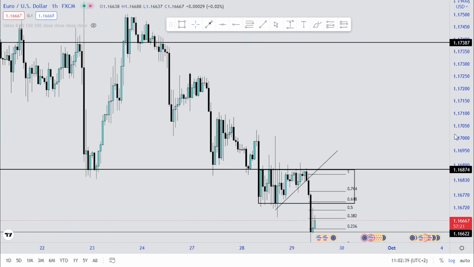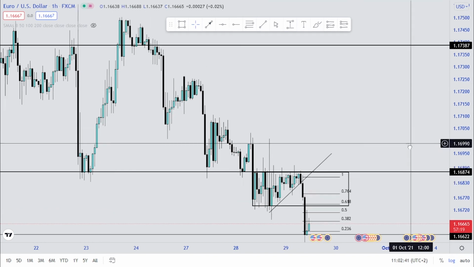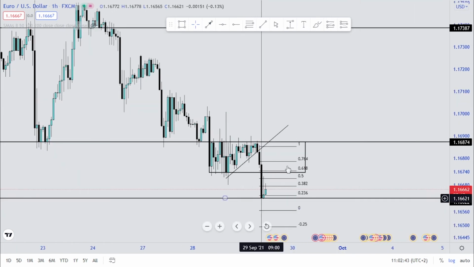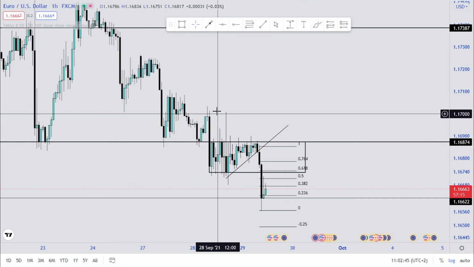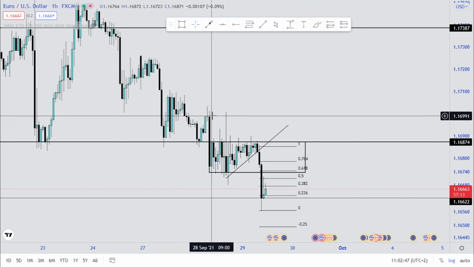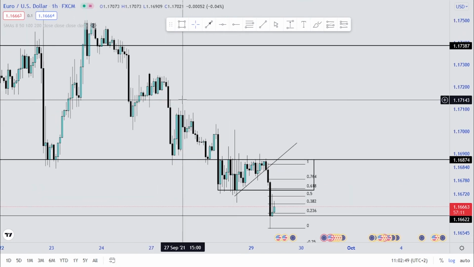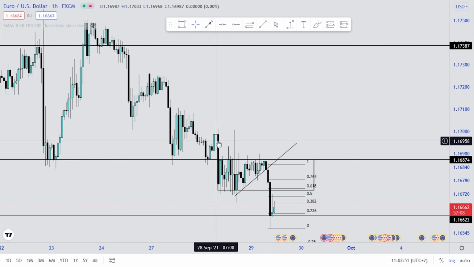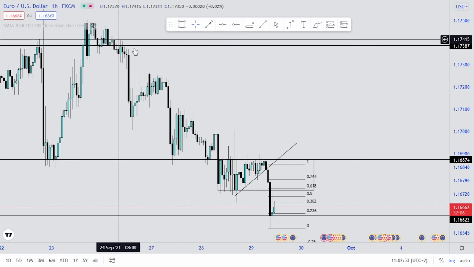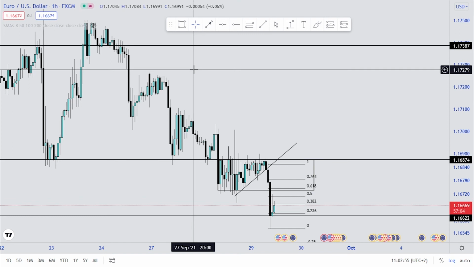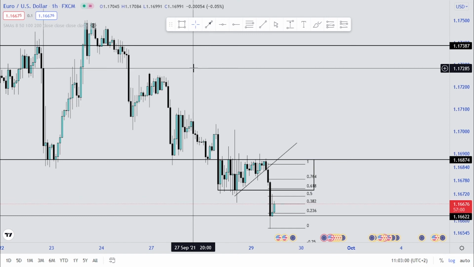It's very important to wait for structure, because if we're looking for any buy position right here, we still have to break out of these structure points here as well. We still have to wait for price to break out of these structure points before we can take any buy position. So the most important thing to keep in mind now is that we are basically in a bearish condition, right?